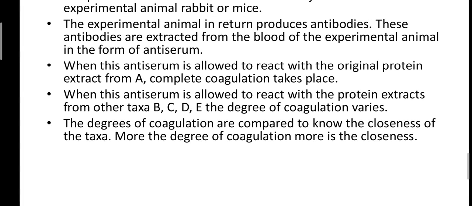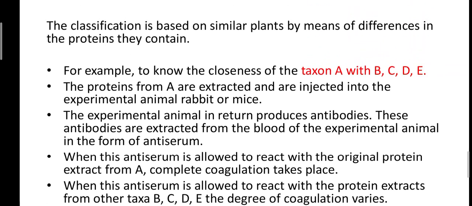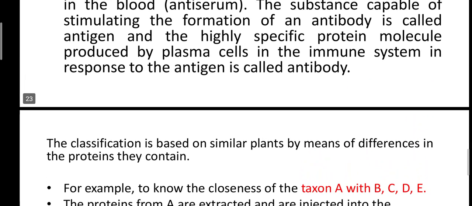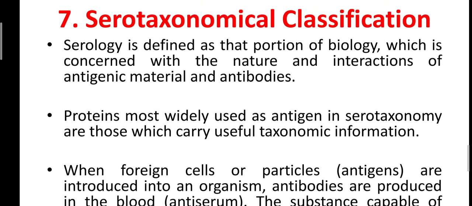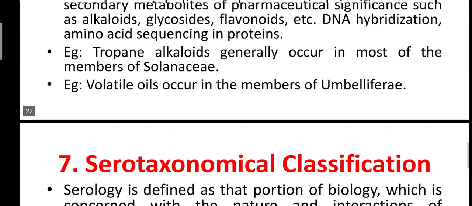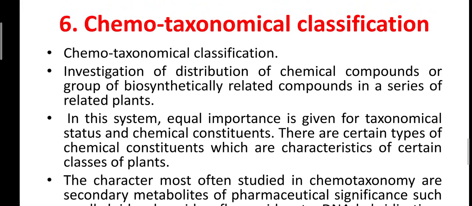So friends, in this video we saw the classification of crude drugs. There are 7 classifications. Let's see once again, last to first. The last one is serotaxonomical, in which mainly the antigen antibody is studied. Sixth one, chemotaxonomical, means drugs having similar chemical classification and taxonomical classification.